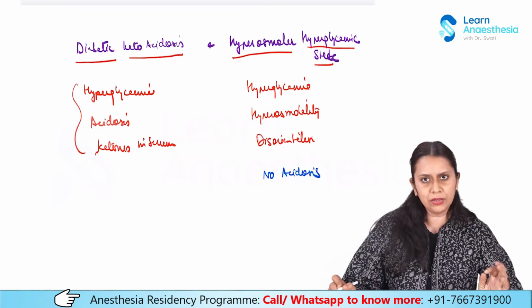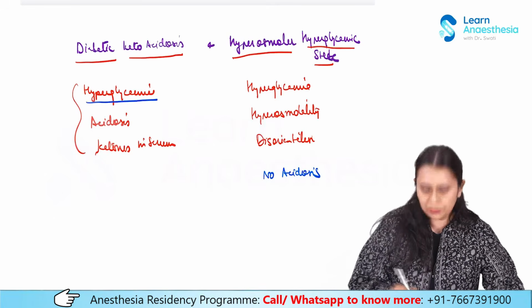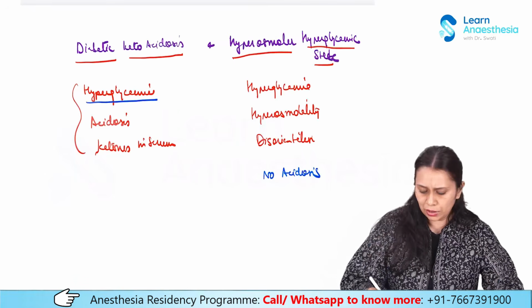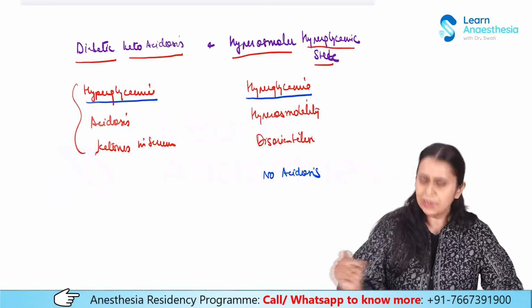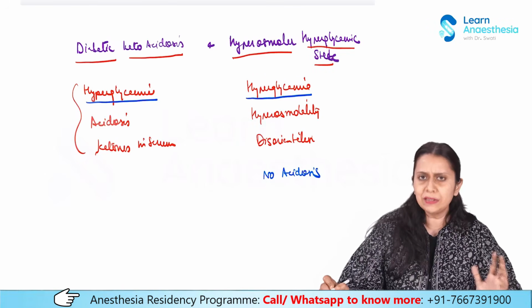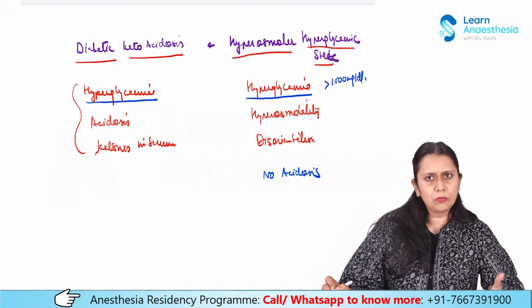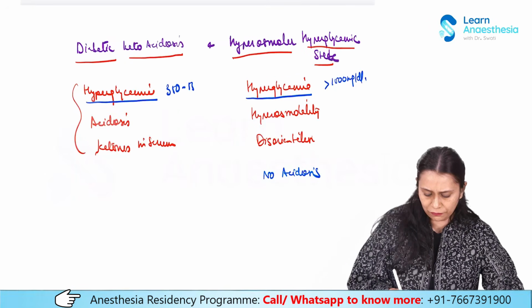And a very important thing to understand is that in diabetic ketoacidosis, the hyperglycemia would be there, but lesser compared to the hyperglycemia of hyperosmolar hyperglycemic state. In hyperosmolar hyperglycemic state, many times the blood sugar would be more than 1000 milligram per deciliter, and mostly in diabetic ketoacidosis it is between 350 to 550 milligram per deciliter.